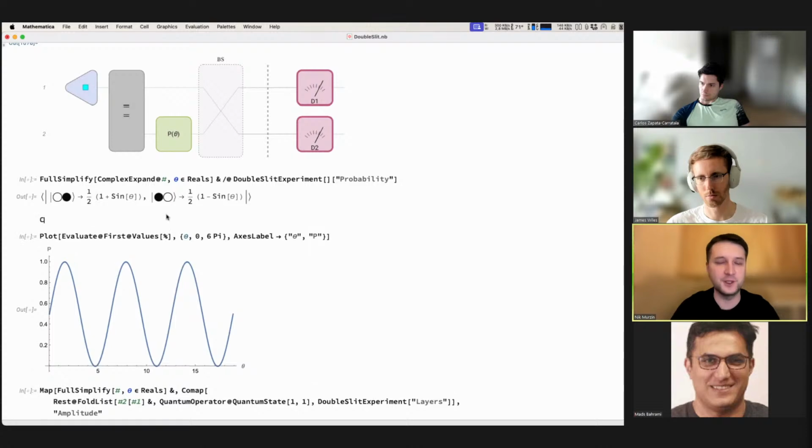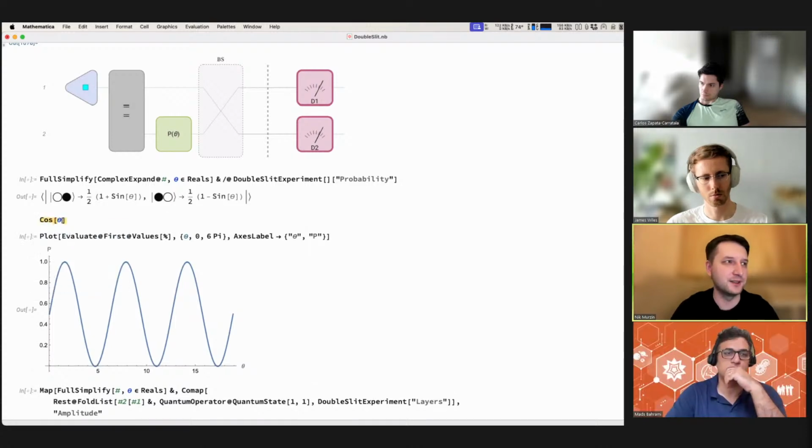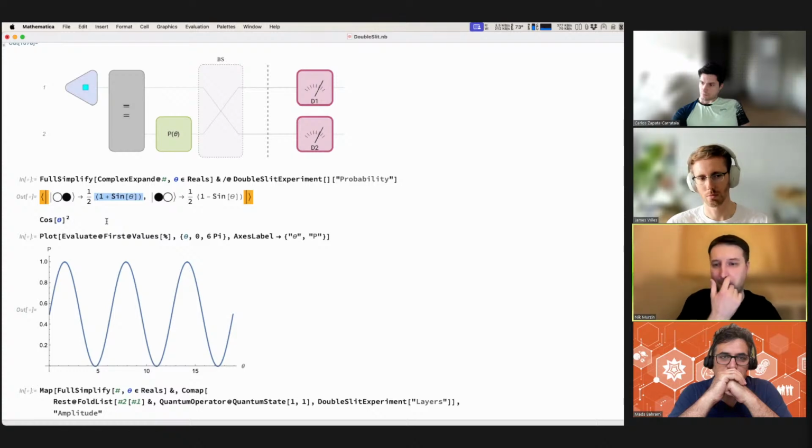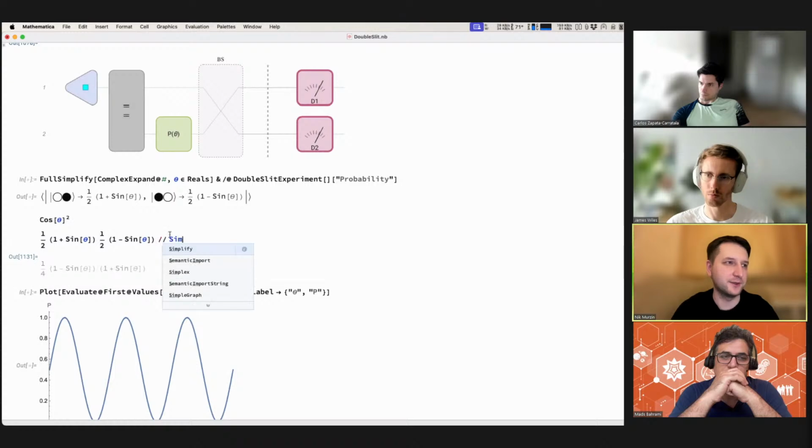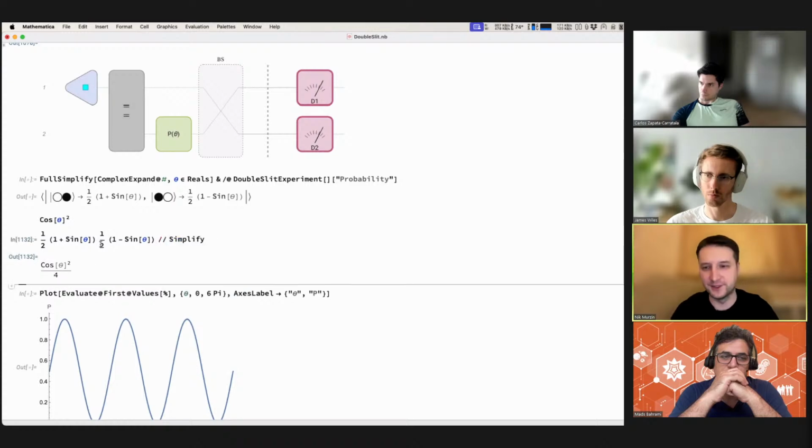Before, you remember we had some cosine theta squared for the form of the interference pattern, but now we get this instead, whether your detector fires or not depending on the angle. If you just look at one of them, it's like we're averaging them out instead. This is the right detector firing, this is the left detector firing, depending on the angle. I think that's going to be basically proportional.